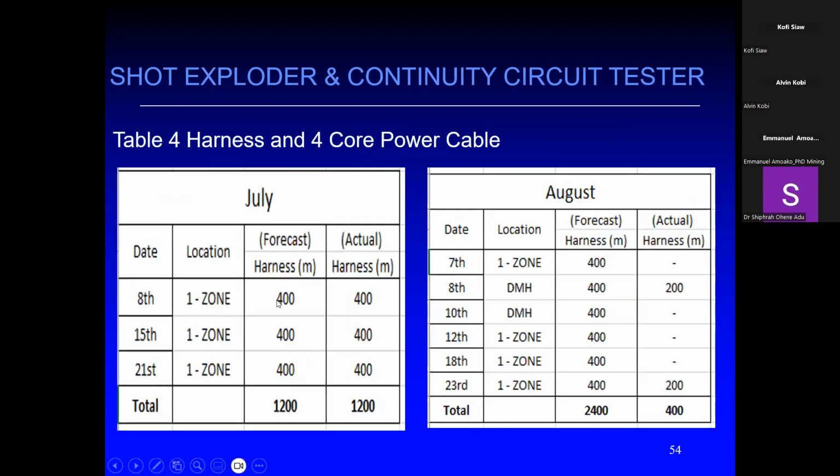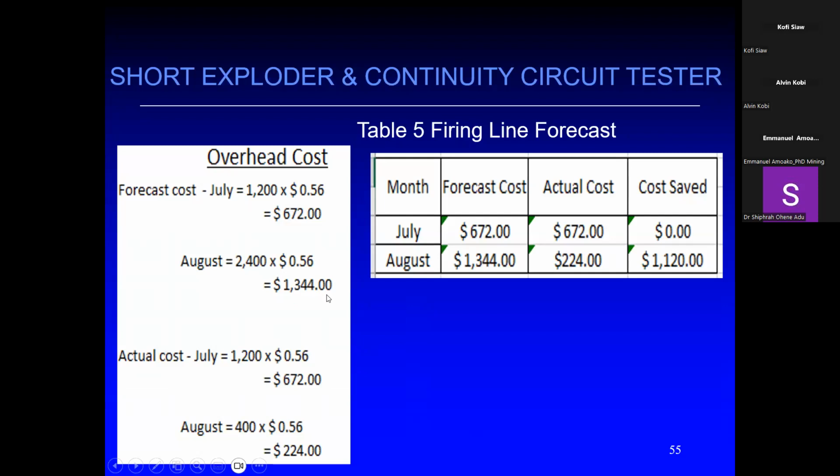So they were supposed to pay $1,344. So you can see from the estimation over here that in the month of July, no cost was saved. But when we recommended the 4-core power cable, you can see that this is the amount that the company has saved. We have saved the company.